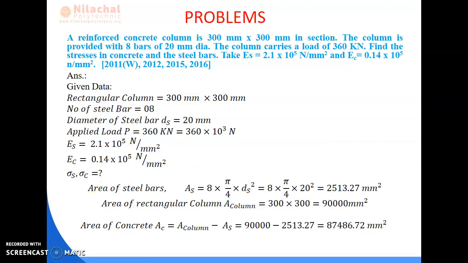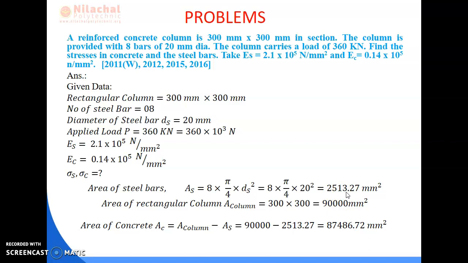Now find the area of steel. For a single steel bar it is pi/4 ds square. As we have 8 bars, the total steel area is 8 into pi/4 ds square, that is 8 into pi/4 into 20 square, which is 2513.27 mm square.